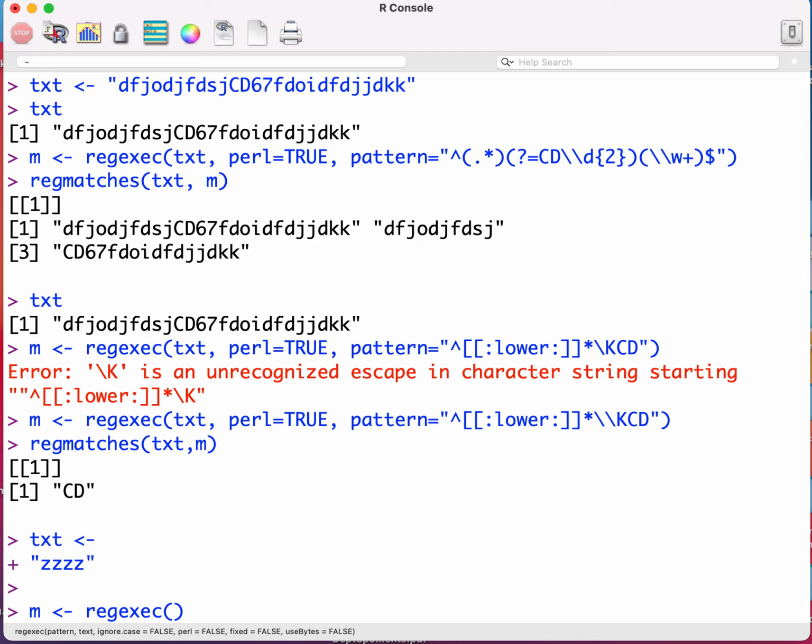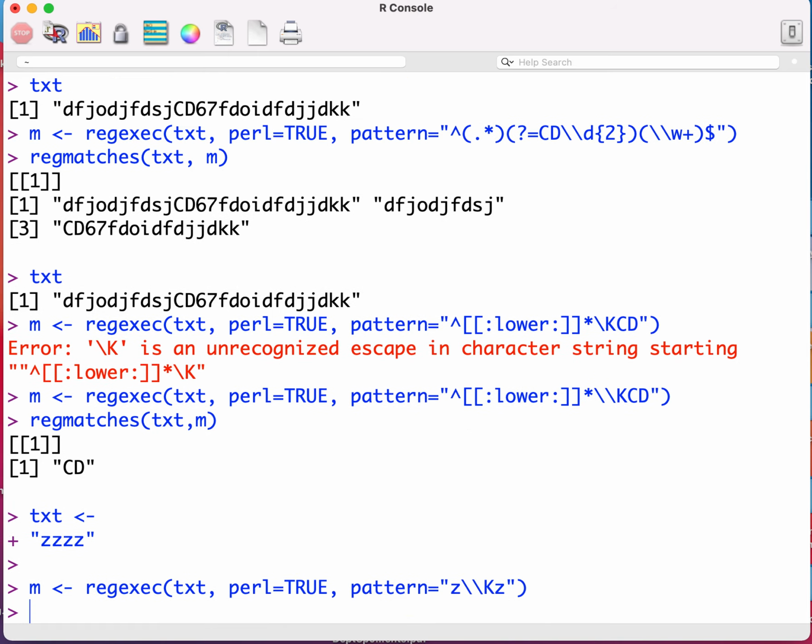Whereas the look aheads read it in and then scroll the cursor backwards all the time. So let's look at the pattern ZZZZ. You would think that the look ahead would look for the pattern Z followed by Z. But we're going to do it this way, \K, Z, and see what we get.